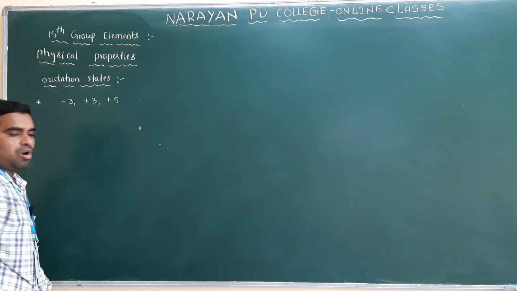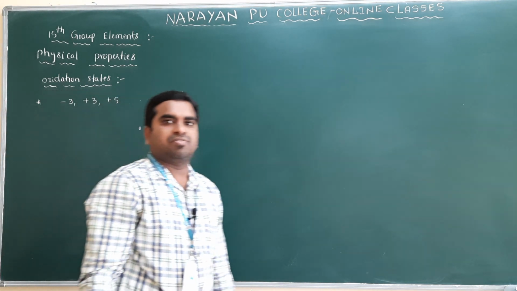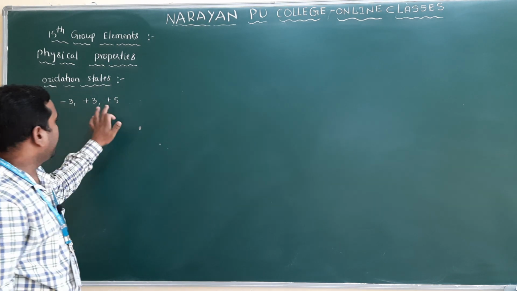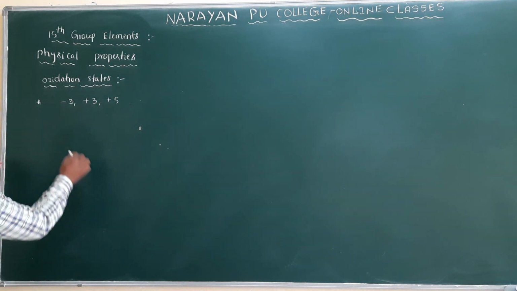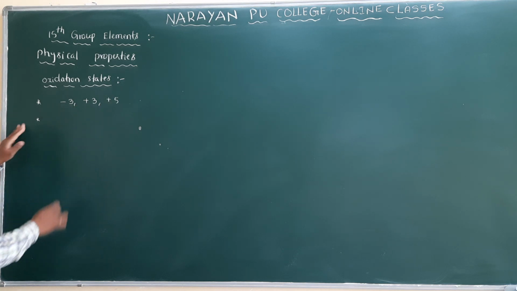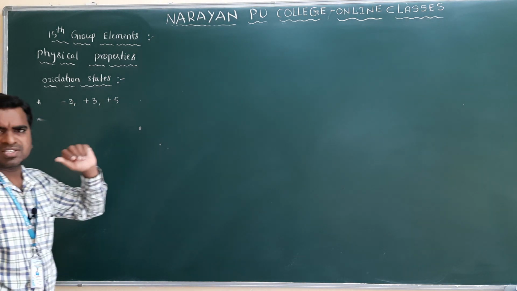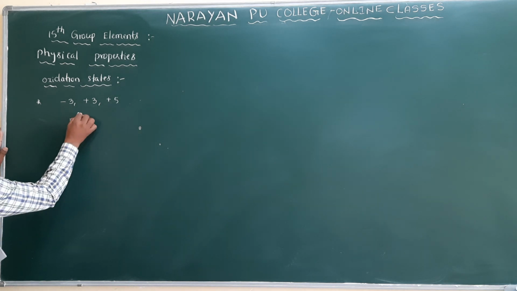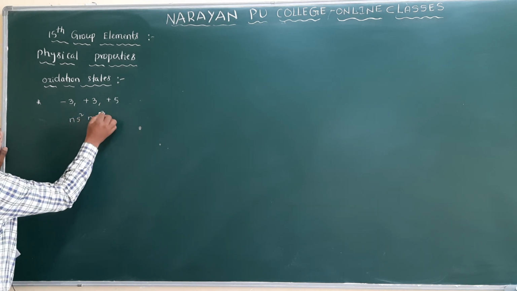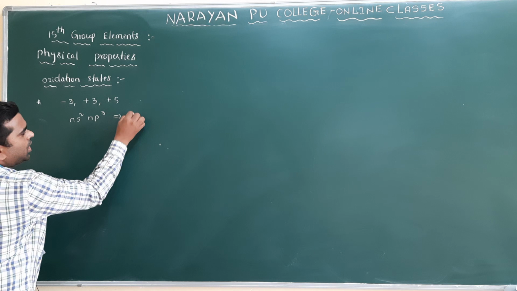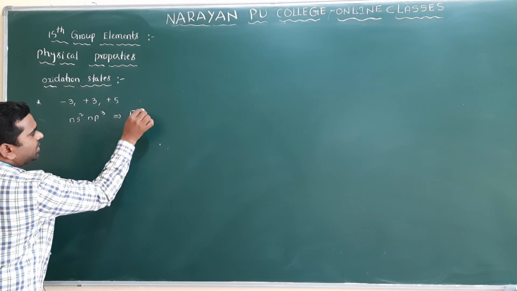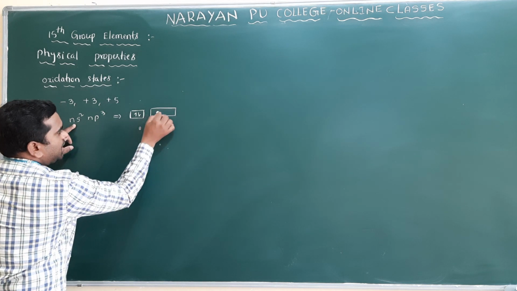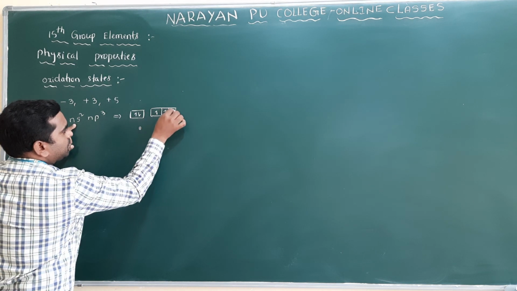These are the oxidation states mainly exhibited by the 15th group elements, both positive and negative. And you know that the general electronic configuration is ns2, np3. So here 2 electrons are there in the s orbital and 3 electrons are present in p orbitals.